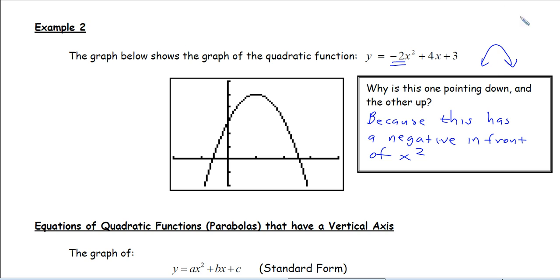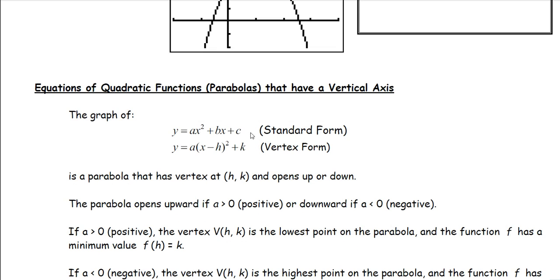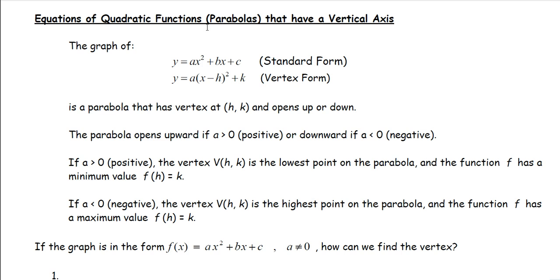And there are two types of equations we're going to look at: equations of quadratic functions, or parabolas, that have a vertical axis, which just means up and down. They could also go left and right, but we're not going to go into that in this video. So we have two forms. Standard form: y equals ax squared plus bx plus c, which is what we just saw.